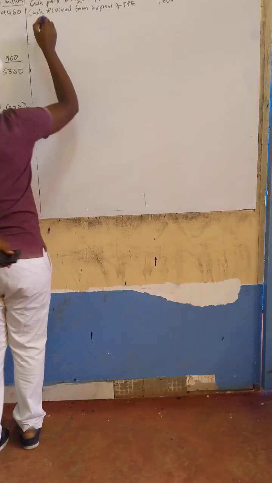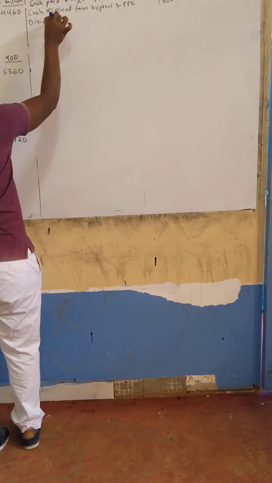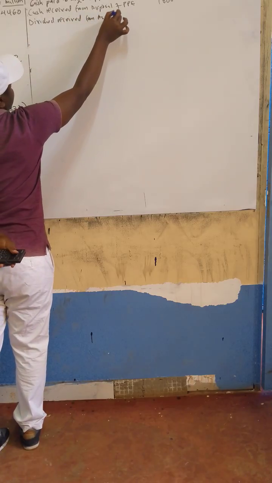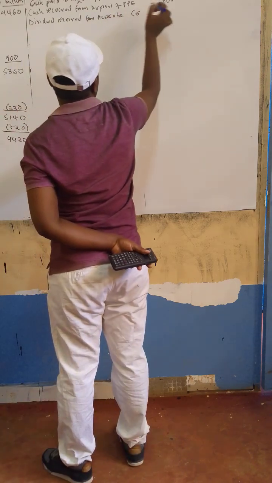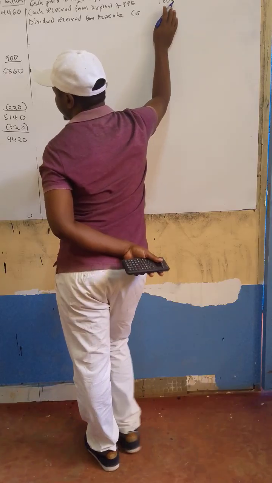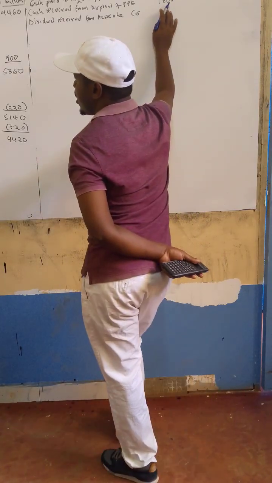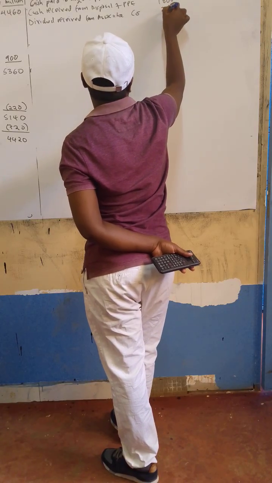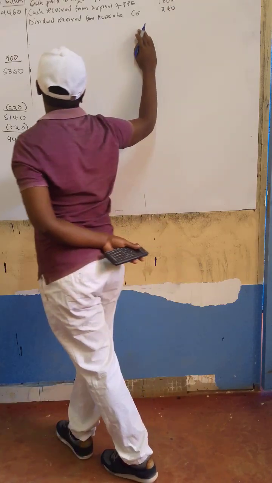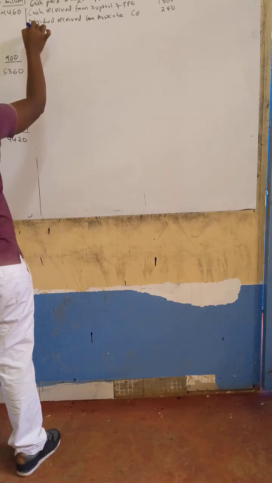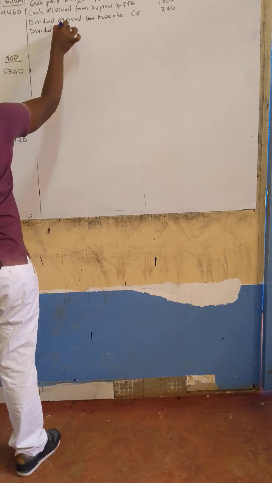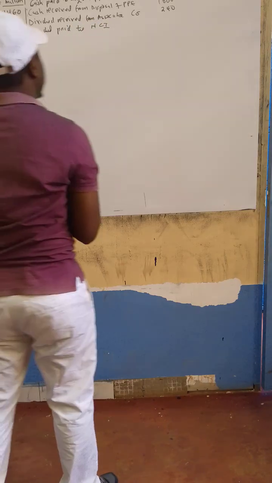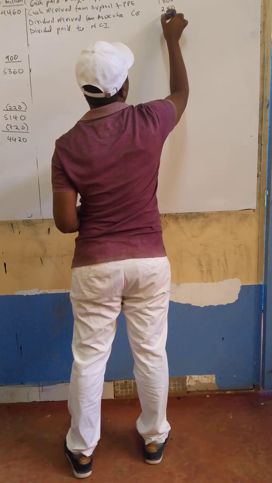Then dividends received from associate company. We found it to be 240, if I'm not wrong. And then dividend paid to NCI. That's the working also we did, which was 212.